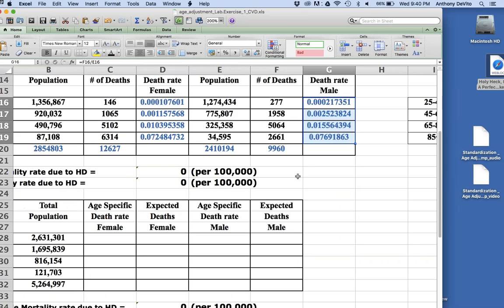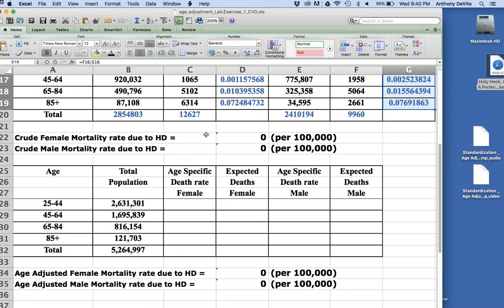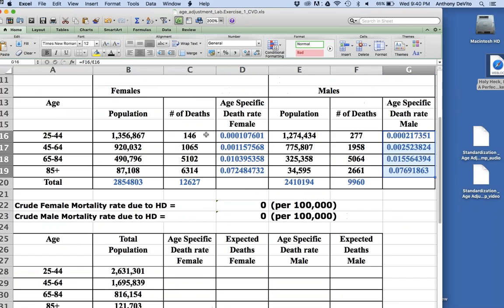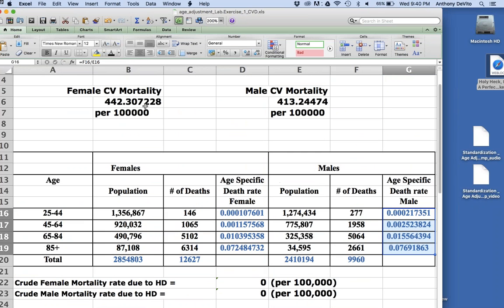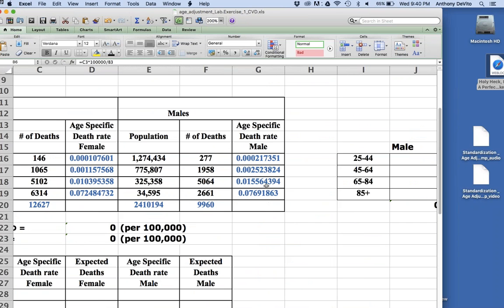Okay, now I'm going to say to myself, why would I get a result that would suggest that females die at a higher rate than males do, when it really looks like males maybe even die at a slightly higher rate than females? This is a bigger number than this is. This is a bigger number than this is, this rate. This rate is a bigger number than that rate is.